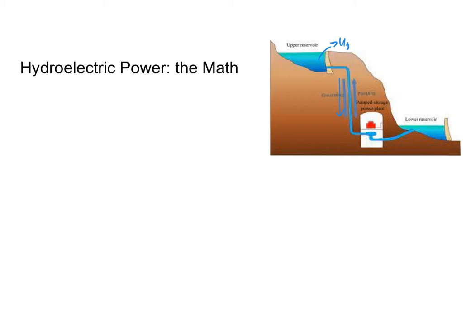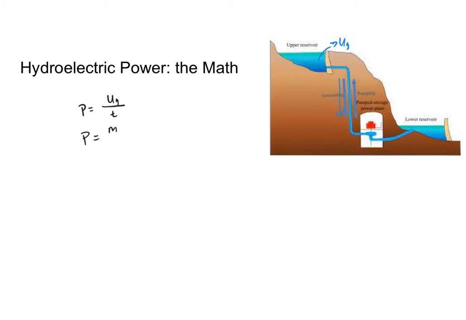The math here is actually really simple. The power generated is going to be the amount of potential energy that is converted into electrical energy per unit time.